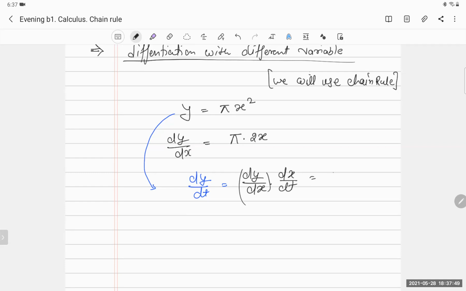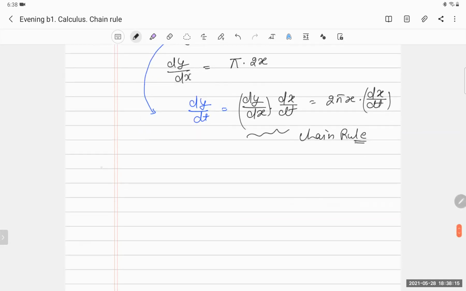Now I calculate 2 pi x into dx by dt. See, this is also the chain rule. So sir, we have to leave it at last as dx by dt. Yes. Thank you, sir.